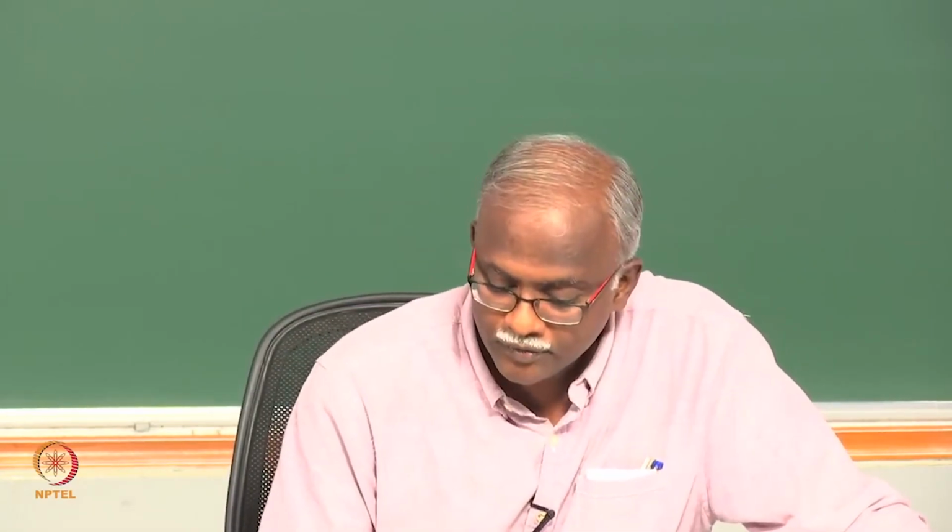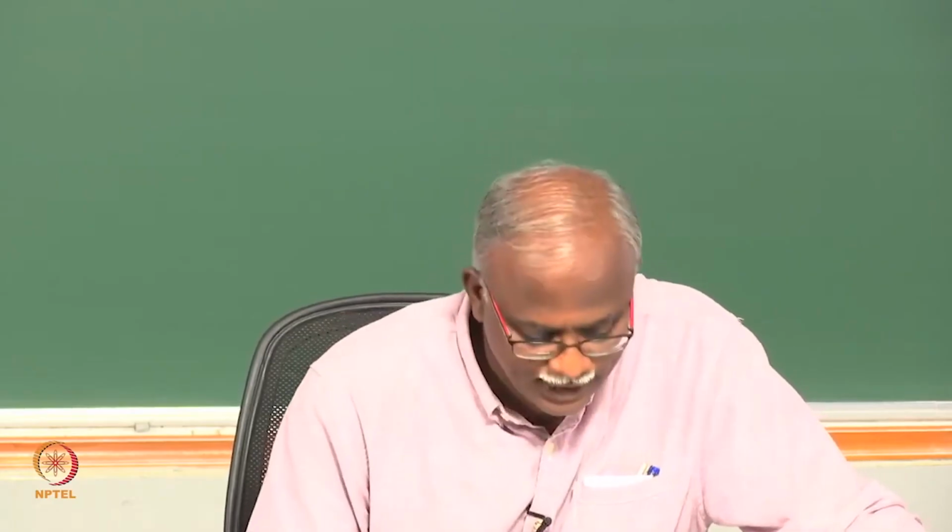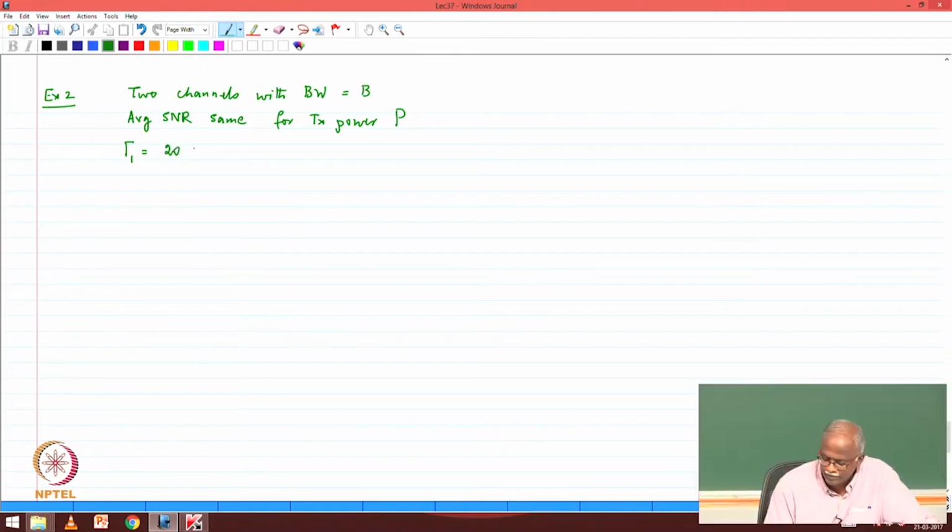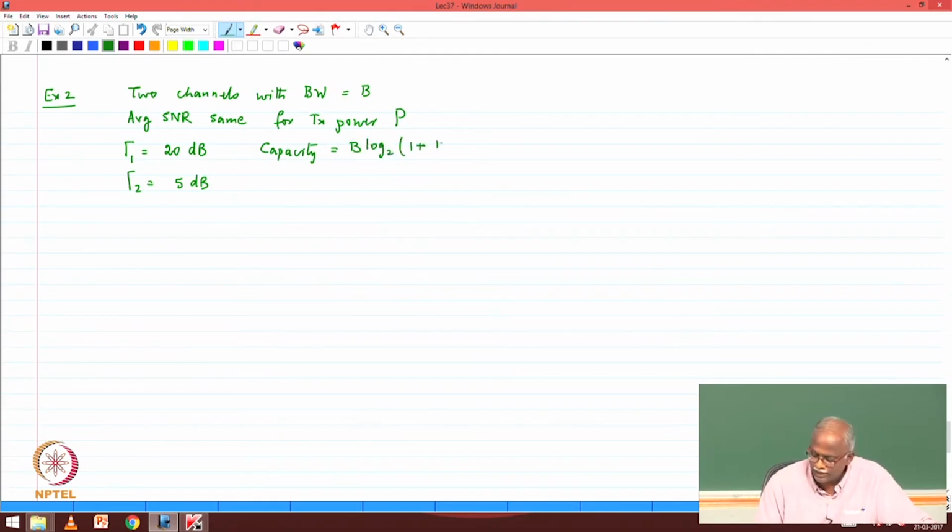Gamma 1 for SNR is 20 dB, the average SNR, and gamma 2 is 5 dB, the average SNR. Okay. So the capacity for this particular channel will be in terms of B times logarithm base 2 of 1 plus 100, which comes out to be 6.66B.